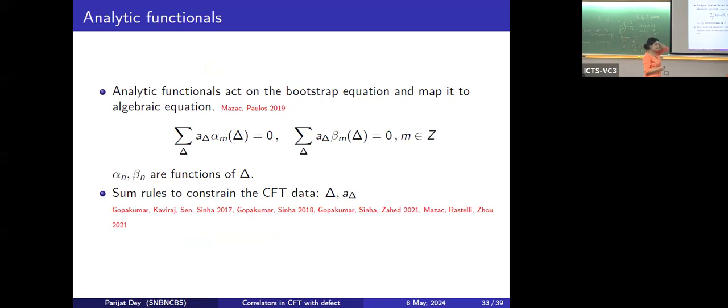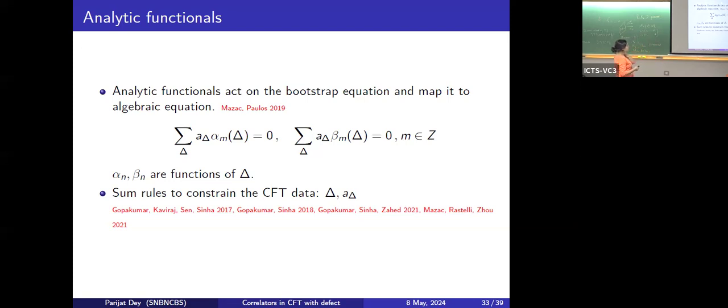So the idea is that we have the bootstrap equation, which is a functional equation, and we act on this equation with some linear functional. This linear functional acts on the bootstrap equation and gives us some algebraic equation. So the basic idea is to map the functional equation to an algebraic equation. We can think of this linear functional as living in the dual space.